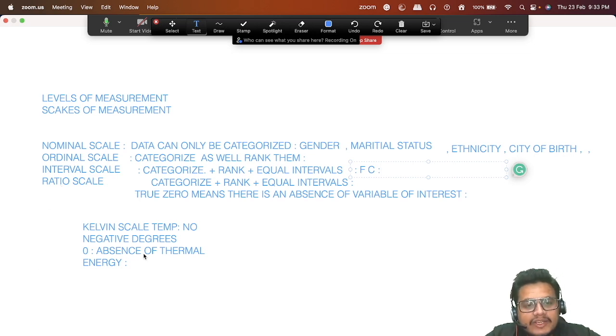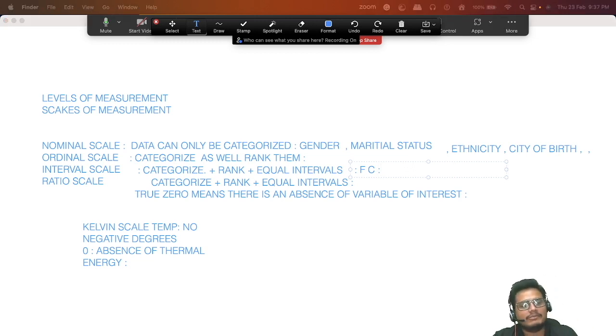In the ratio scale we have absolute 0, or you can say absence of a variable of interest. आपके रेशियो स्केल में सिर्फ 0 प्रेजेंट है, आपके इंटरवल स्केल में 0 प्रेजेंट नहीं है. That's it. That's a simple difference between both of them. बाकी एग्जैक्टली सेम है सारा कुछ. अगर मेरे पास नेगेटिव एंड पॉजिटिव वैल्यूज बोथ हैं देन आई कैन कंसीडर इट एज इंटरवल स्केल. अगर मेरे पास 0 और पॉजिटिव वैल्यूज हैं तो इट विल कम अंडर रेशियो स्केल.